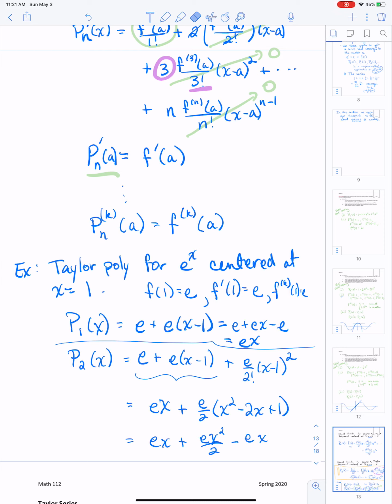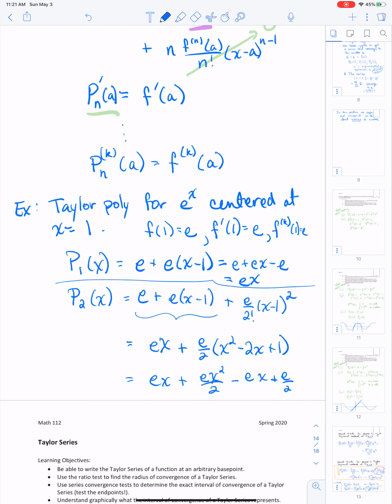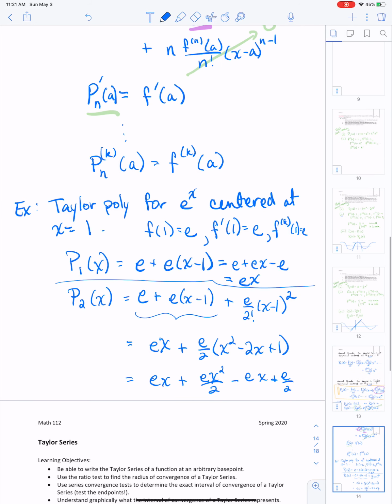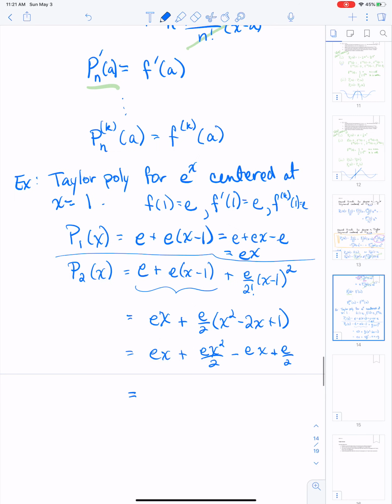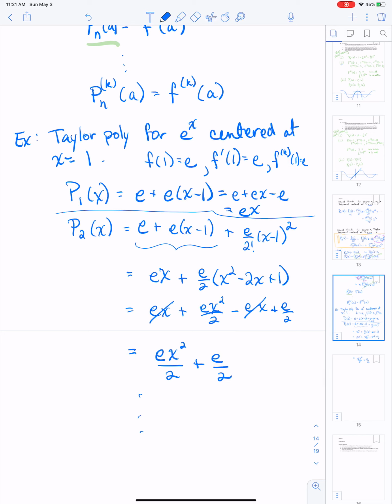When we work this out, I'm multiplying the e over 2 by all of these terms, and we have plus e over 2 here. What we end up with is that the ex and the minus ex cancel, so we have x squared over 2 plus e over 2, and so on.